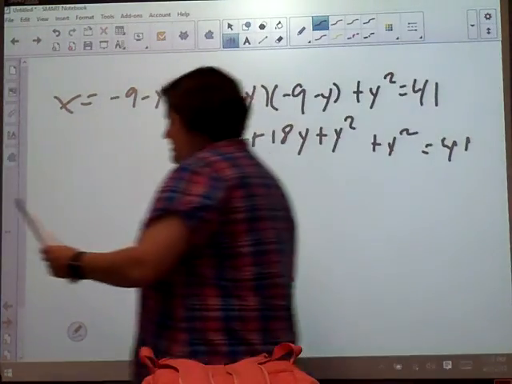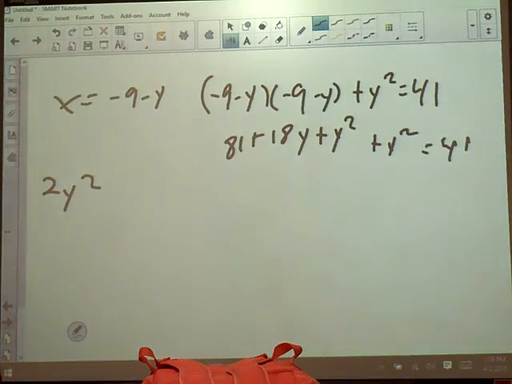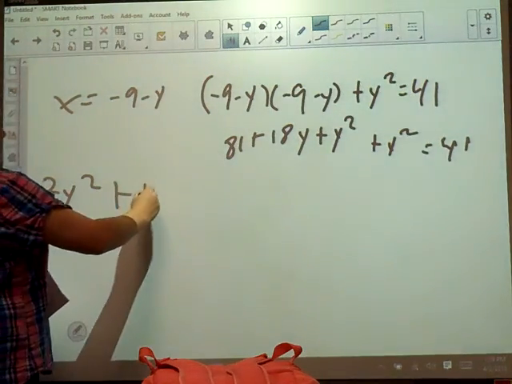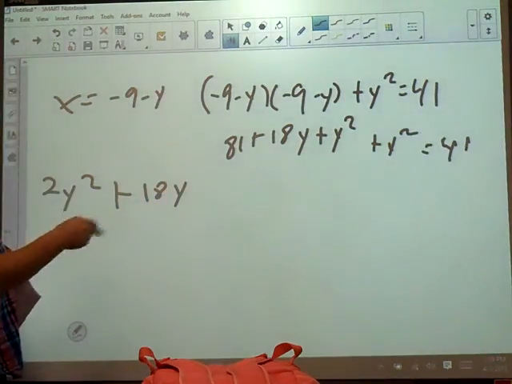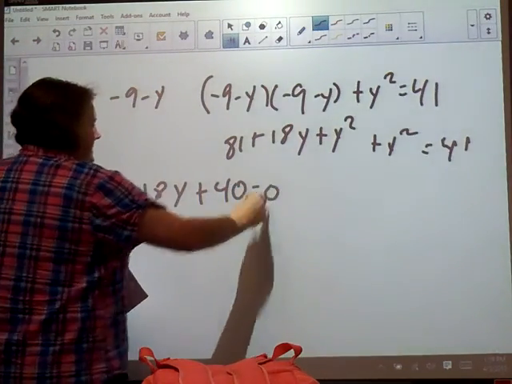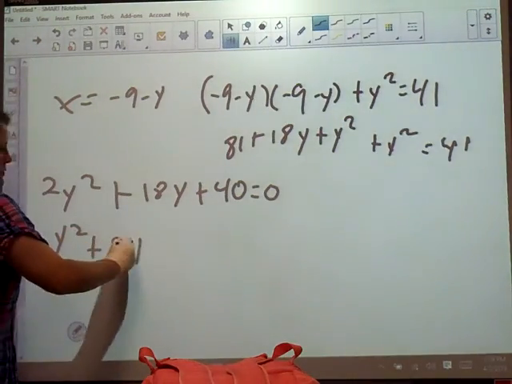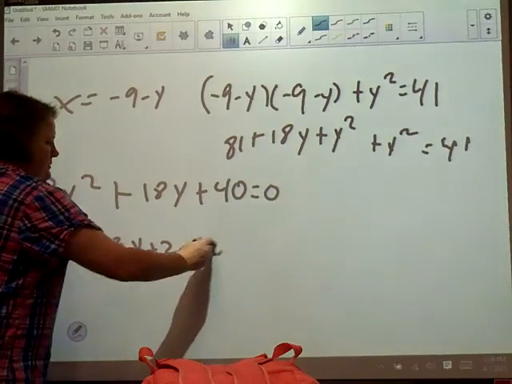So you're looking at a quadratic that says 2y squared plus 18y, and if I subtract the 41, plus 40 is equal to 0. Now you could go from there. I chose to take a 2 out of all of it, because then it was easy to factor. If you reduce all that by 2, y squared plus 9y plus 20 equals 0.